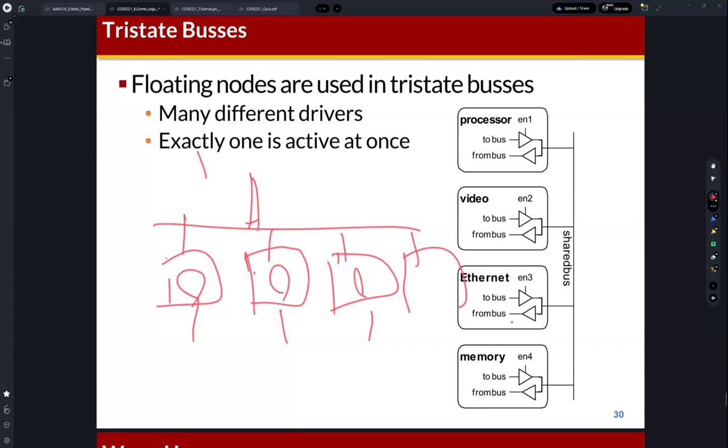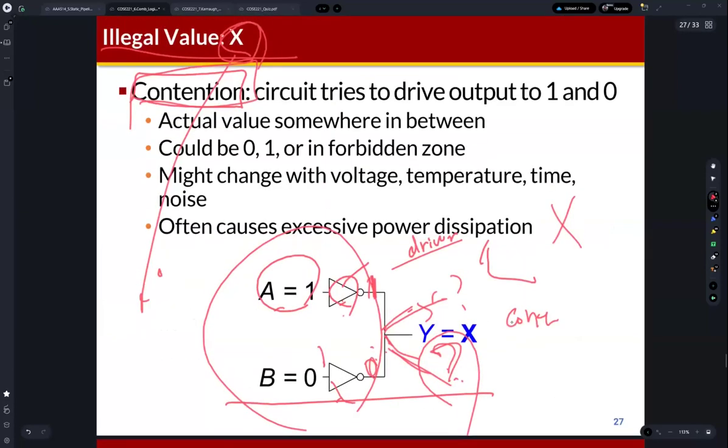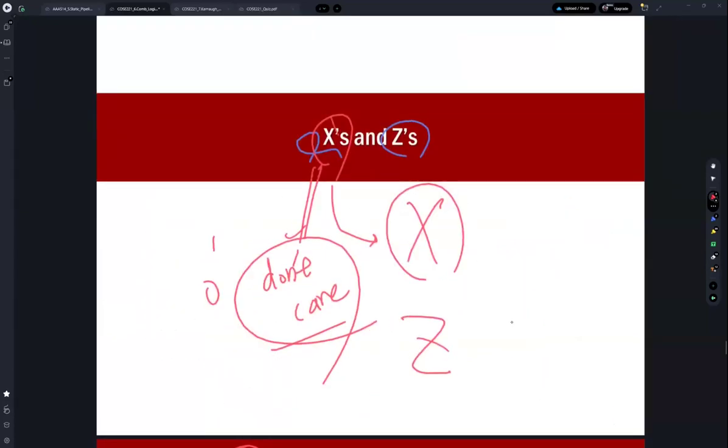In order to avoid this situation, we can use the tri-state buffer here. Sometimes a certain node is disconnected from the bus, so only one driver is connected to the bus. So try to understand the different symbols X and Z.